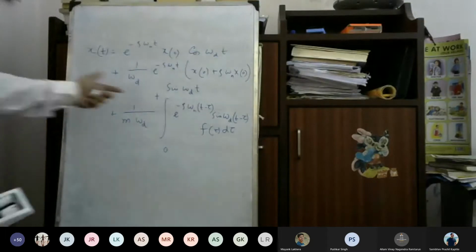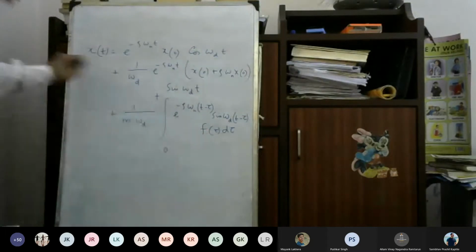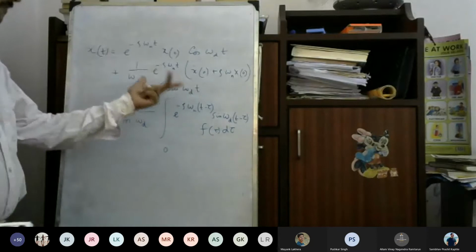So this will be the inverse Laplace transform of this quantity. Is this clear to you? You have to do it yourself.